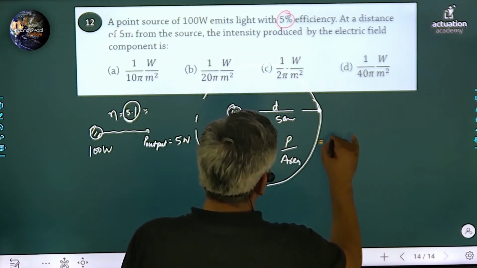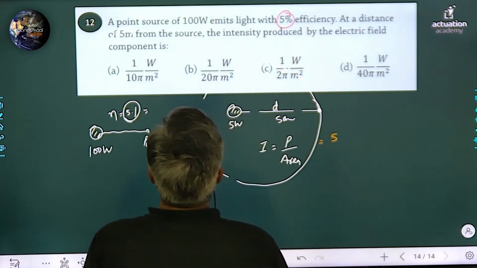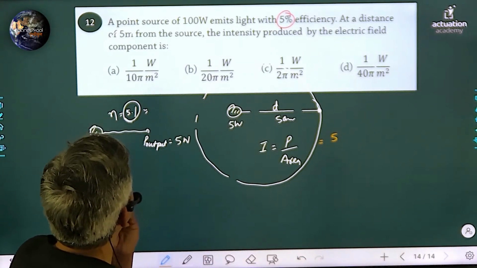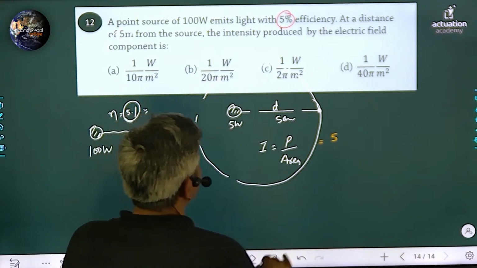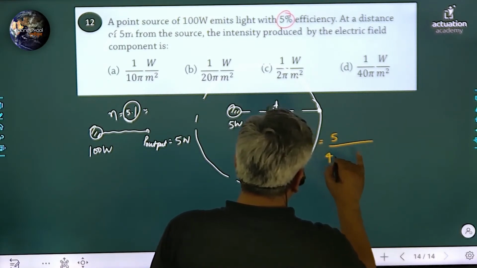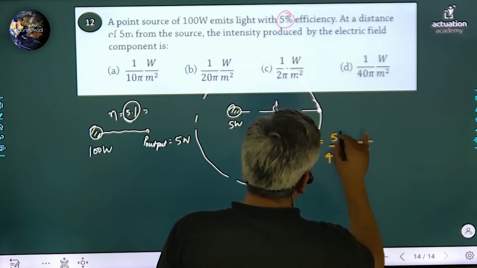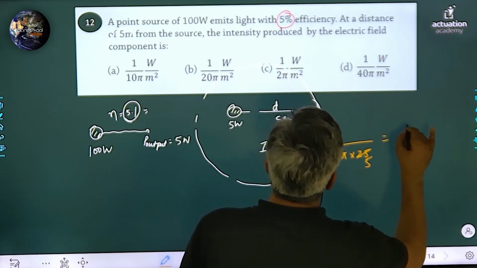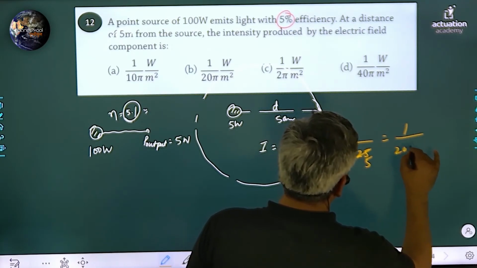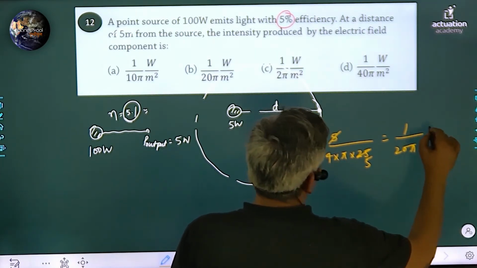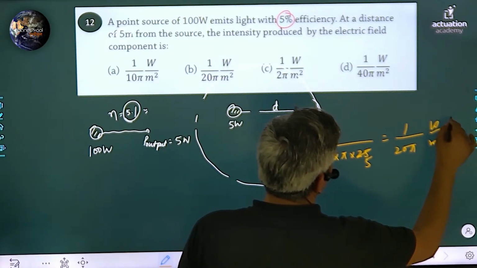Power is 5 watt, and this will become 4 pi. D square will become 25 now. This will become 20 pi watt per meter square.